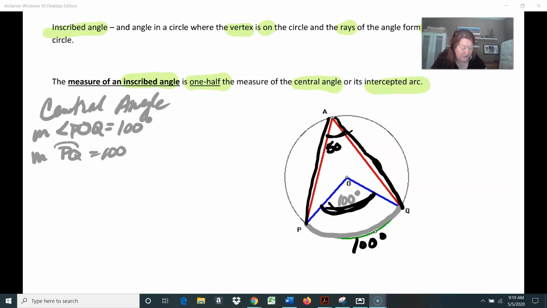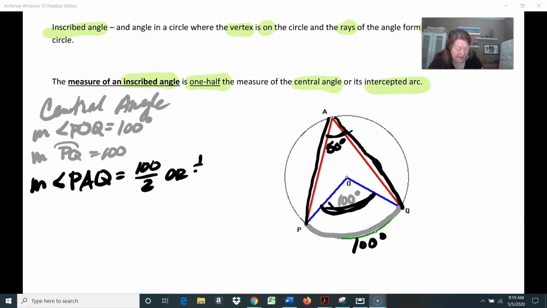So this would be 50 degrees, half of 100. The measure of angle PAQ is going to be 100 divided by 2, or 1/2 times 100. Either one of those gets me 50 degrees.